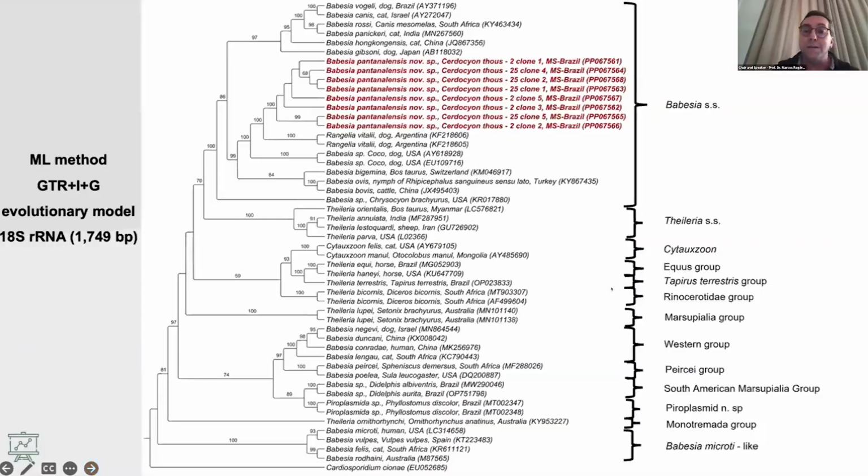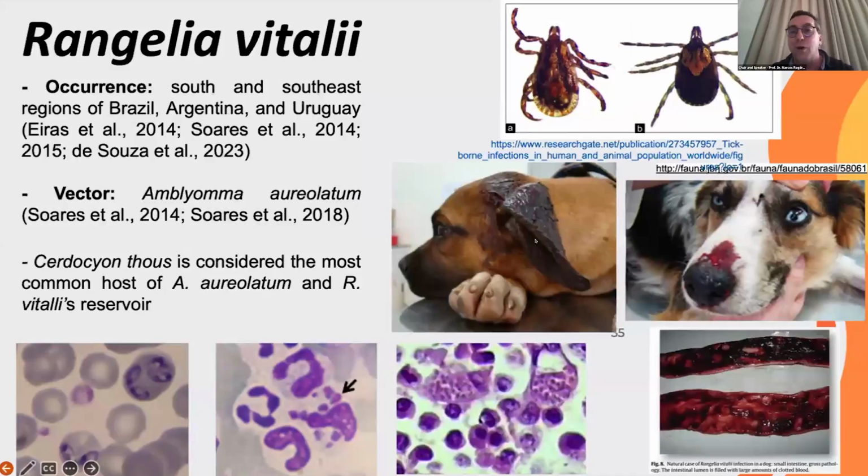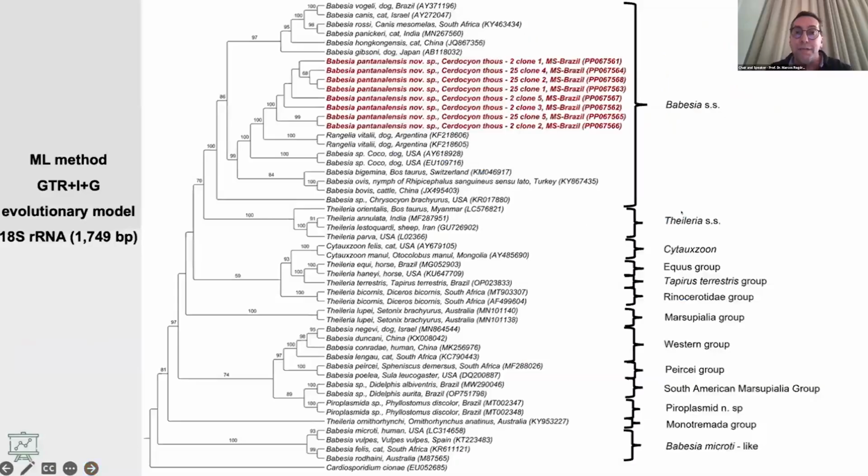So in the Brazilian Pantanal, we do not find Amblyomma aureolatum. So we do not expect to find Rangelia vitalii, okay? We detected a Babesia which was very closely related to Rangelia vitalii, but distinct from it by a high bootstrap value.